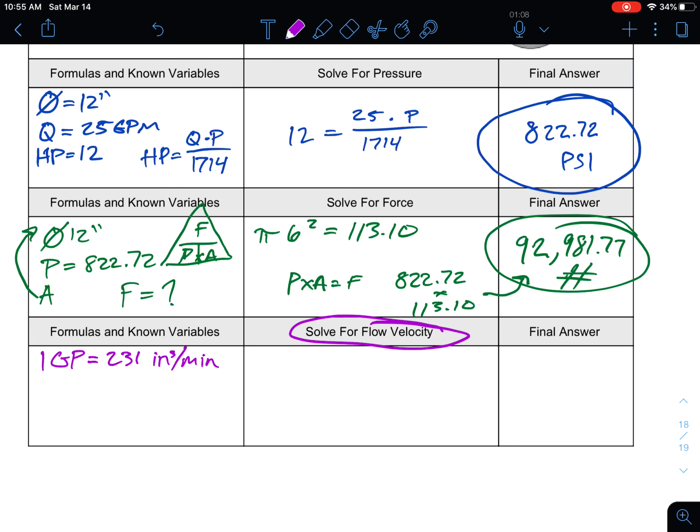So we already know what our Q is. Our Q is equal to 25. We don't know what our velocity is. That is our unknown. And we know that our area is equal to 113.10.